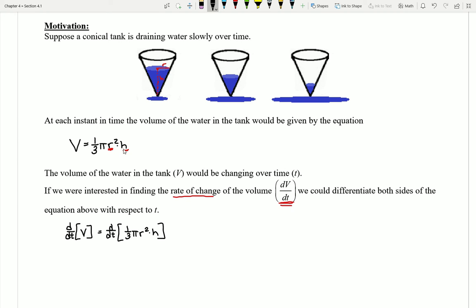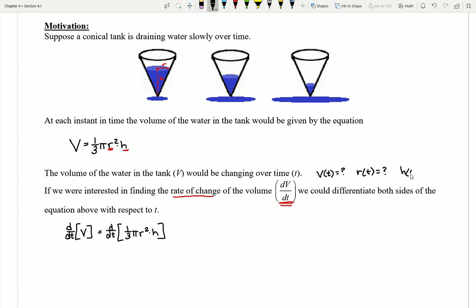The height also depends on the value of the time, because the height of the water is much taller at the beginning and much shorter at the end. And so what we can see is that the values of v, r, and h, really all the variables here, could be thought of as having separate formulas, where I could tell you the r if you could tell me the time.